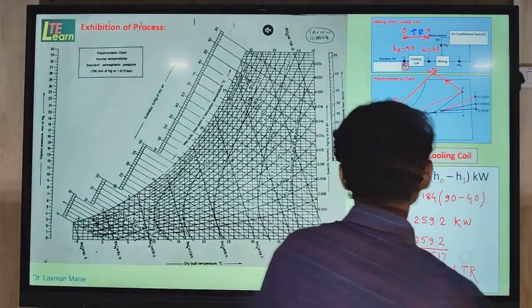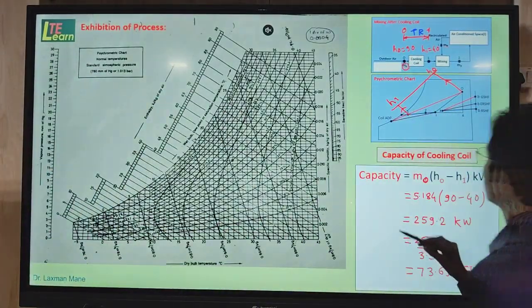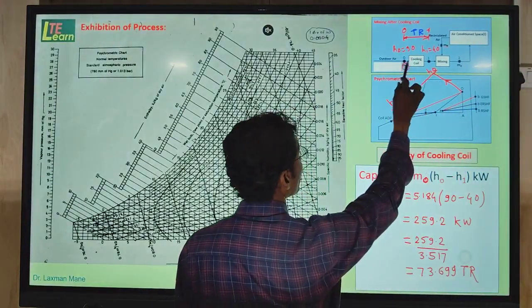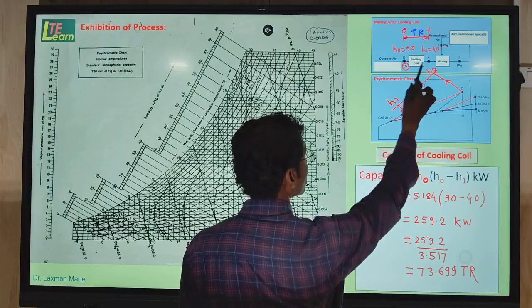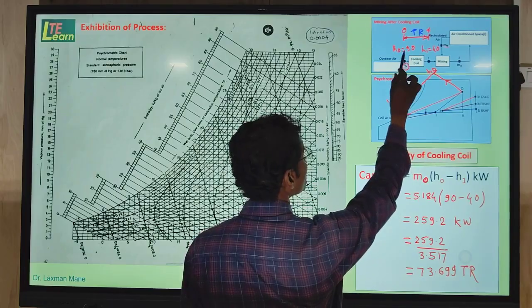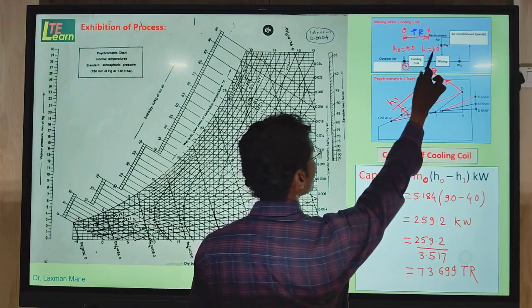Then the last step is to find the capacity of the cooling coil. Here is a cooling coil, with point O before the cooling coil and point 1 after the cooling coil. So we have the enthalpies of point O, that is HO, and the enthalpy of point 1, meaning H1.